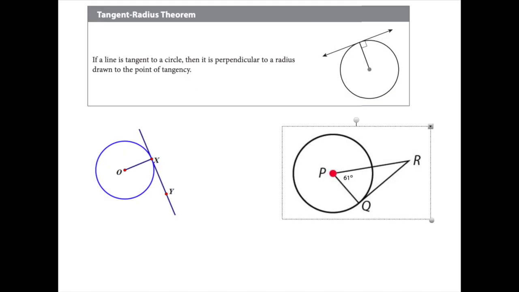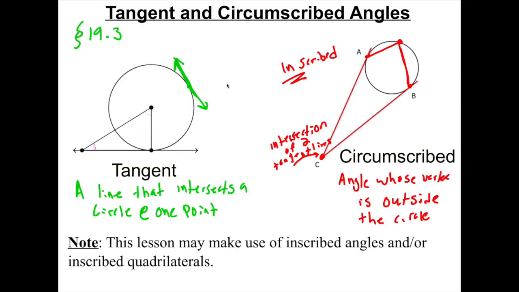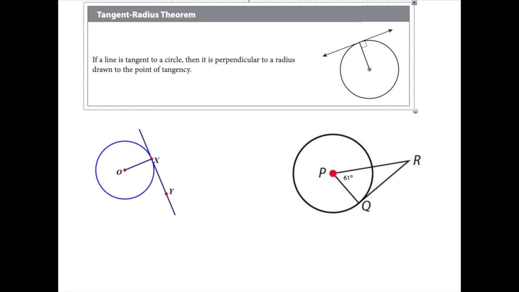All right, so the first main thing we know is this, and this might have seemed potentially obvious based on what you're seeing with these tangents here: if a line is tangent to a circle, then it's perpendicular to the radius drawn to the point of tangency. In other words, the point where the line hits this radius that connects the circle to the point of tangency, you're always going to have a 90-degree angle.